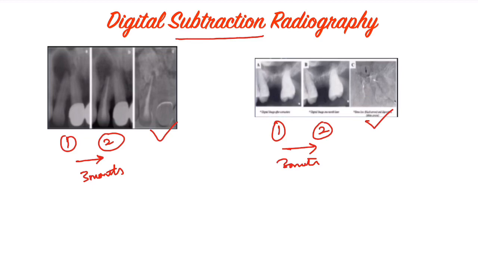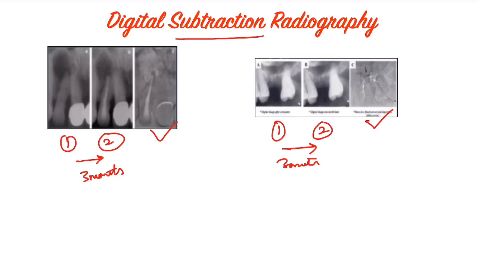So the area of focus will be taken and the subtraction will be done, and you will get to know what the changes are. Easily you can use this for the follow-up of a particular case. The use of this is basically in most follow-up cases.